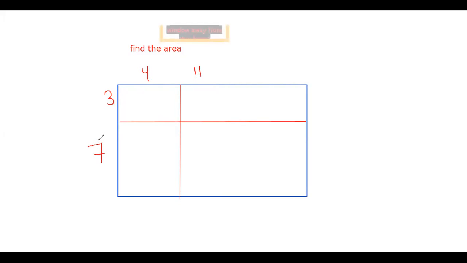Yeah, so what we need to do, just add this together at first, and add this together. So 4 plus 11, that would be 15. And 7 plus 3, that would be 10. So we need to multiply 15 times 10.